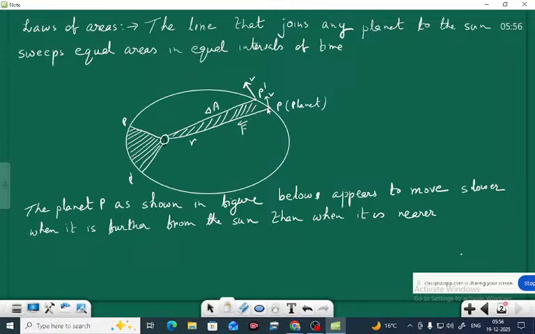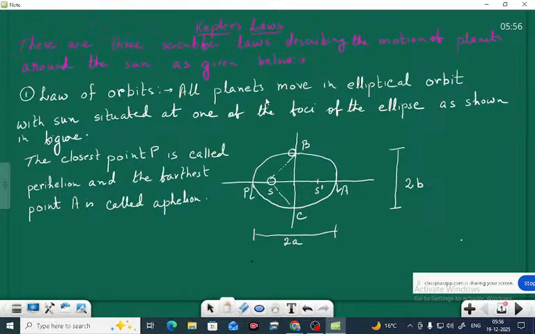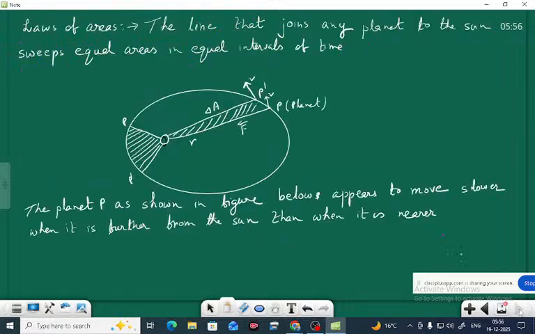When it is further, it moves slowly. When it is near to the Sun, it moves very fast.